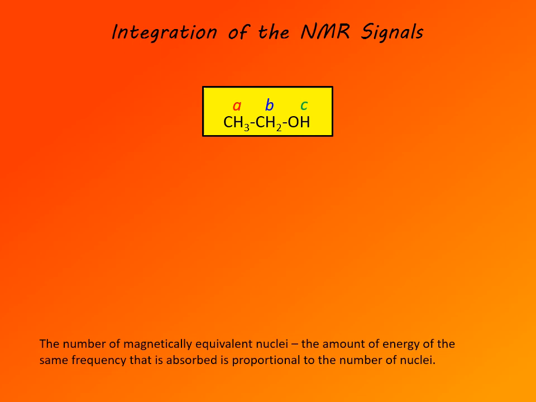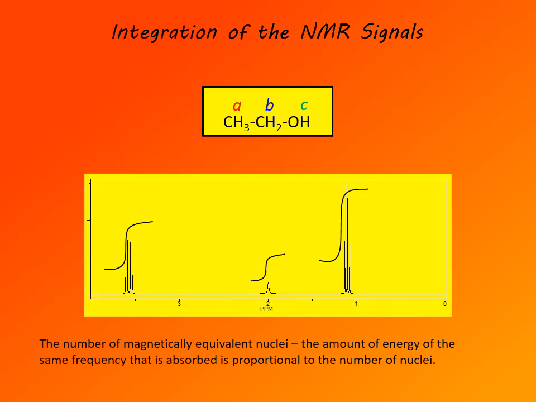That's called integration. So when we consider a spectrum of ethanol that we have already seen, we have three types of protons, protons A, B, and C. In this case, an integration curve has been superimposed on the spectrum. This is an older way to represent an integration curve.